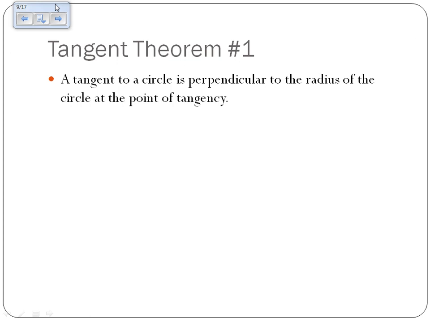The first theorem: a tangent to a circle is perpendicular to the radius of the circle. Where? At the point of tangency.